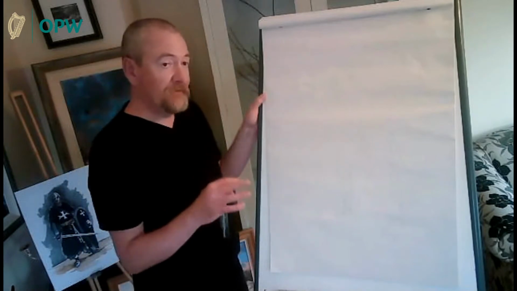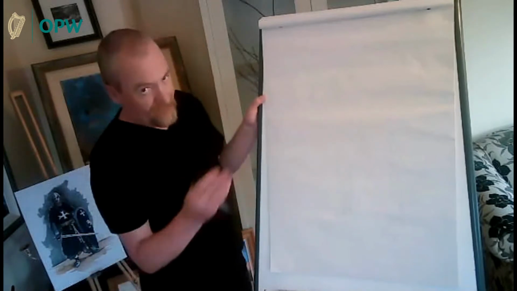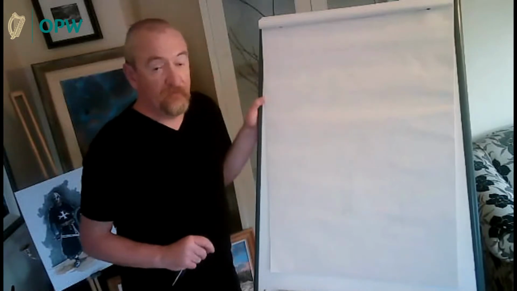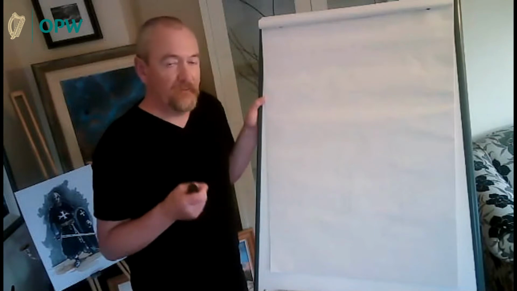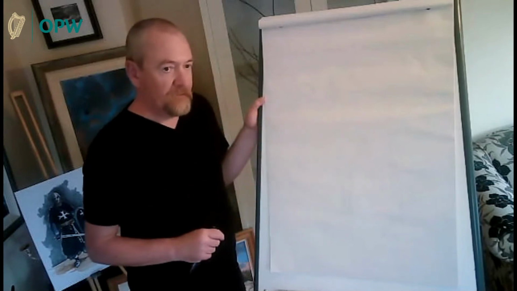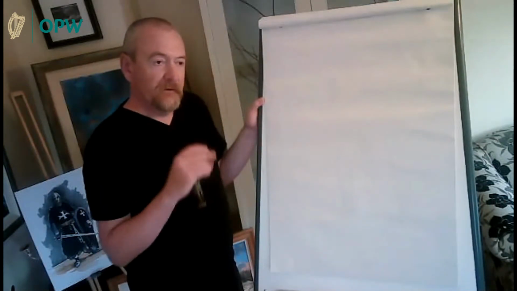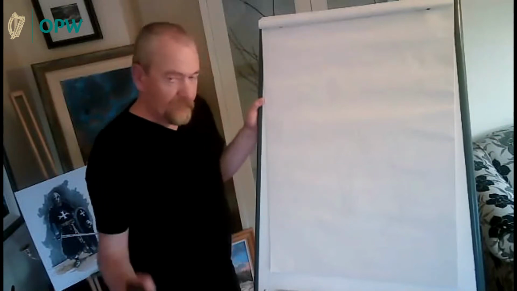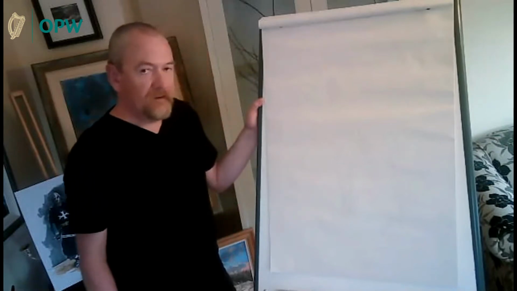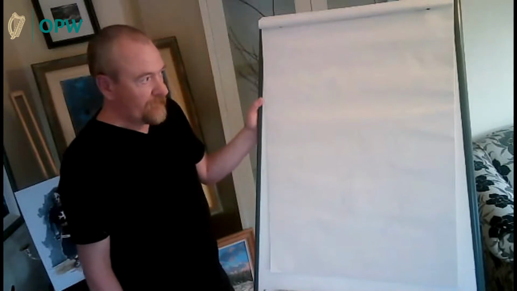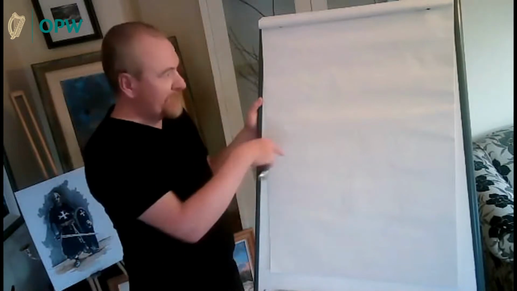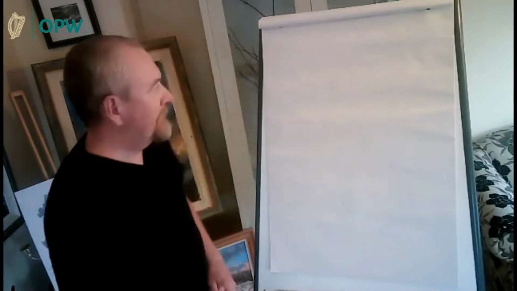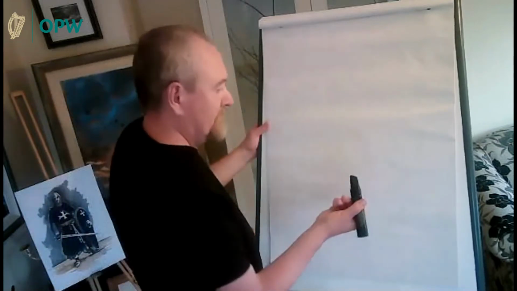I'll do a quick demonstration of a Norman following on from the Bayeux Tapestry, because those visual representations of the warriors, the Norman soldiers, you can see what they wore, what their shields were like, what their swords were like. So we'll give a quick demonstration in that style.